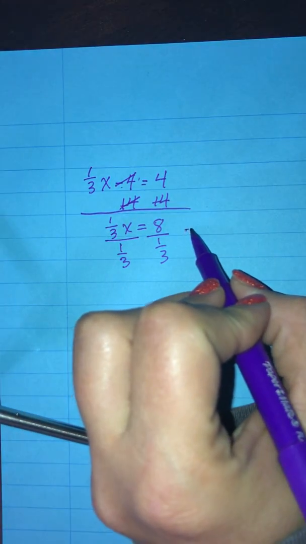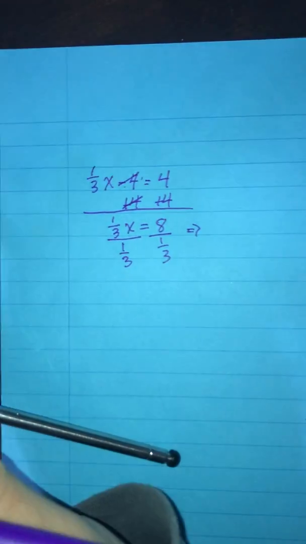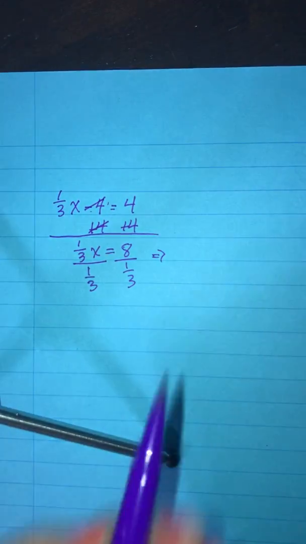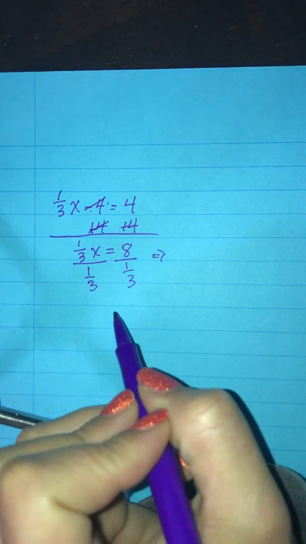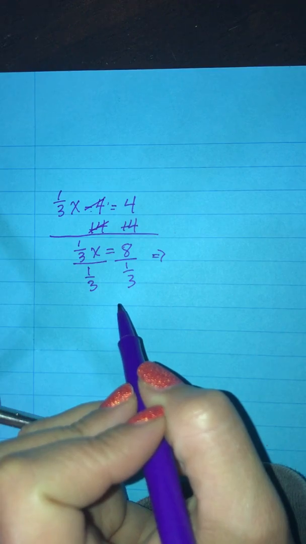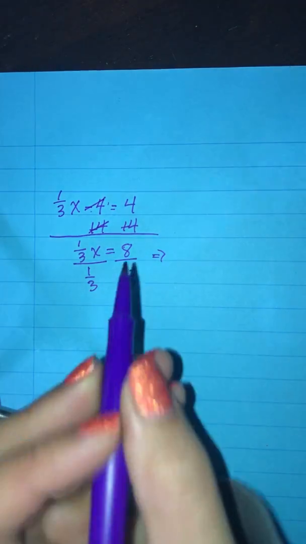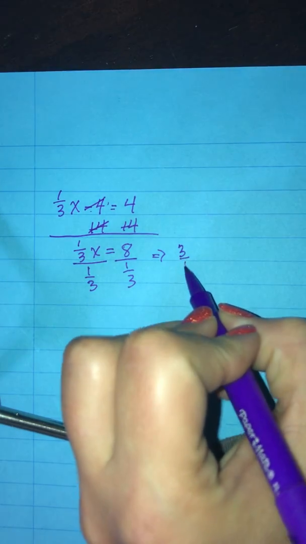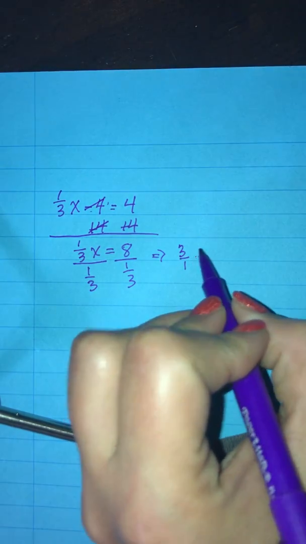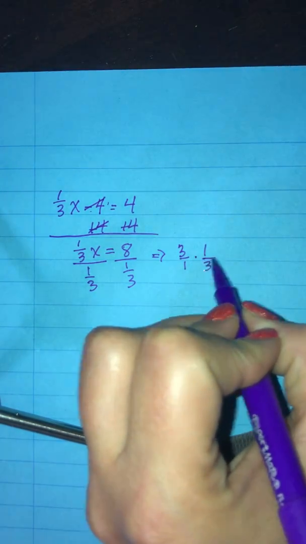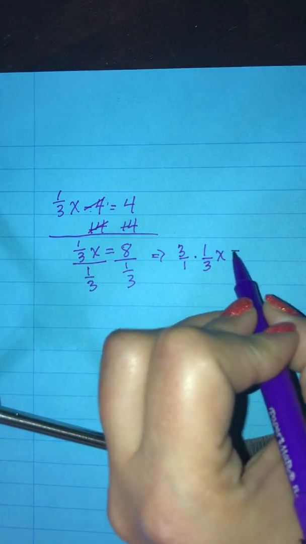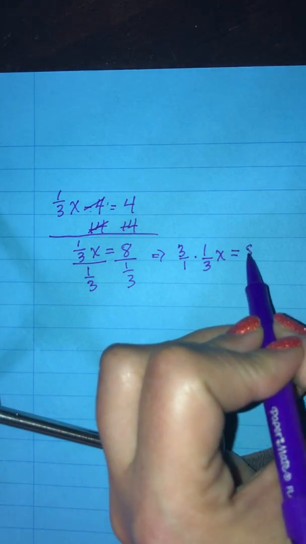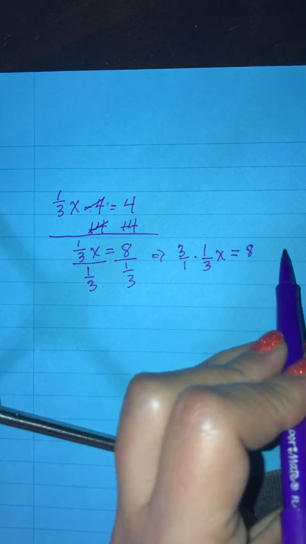So I'm going to come over here for a second and clean this up a bit. Dividing by 1/3 would be the same as multiplying by 3/1. So I'm going to do 3/1 to this 8, and whatever I did to this side, I have to do to this side.